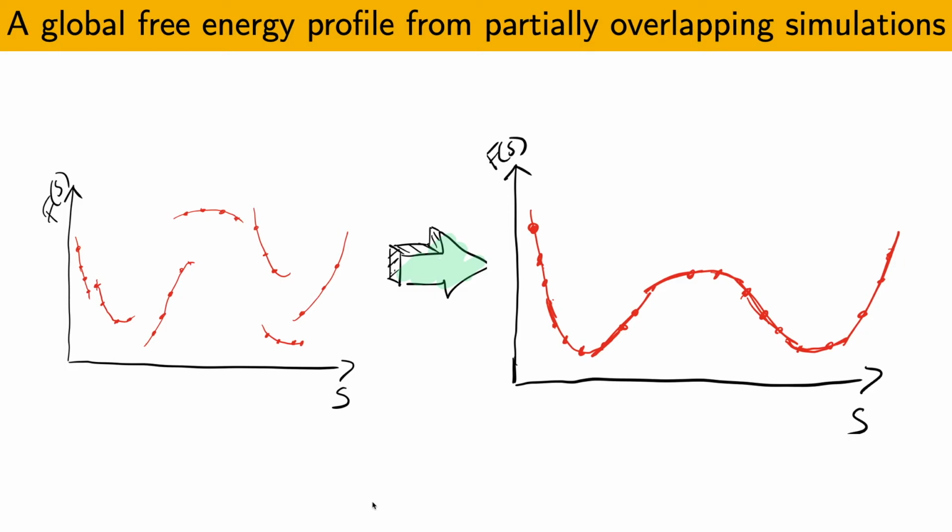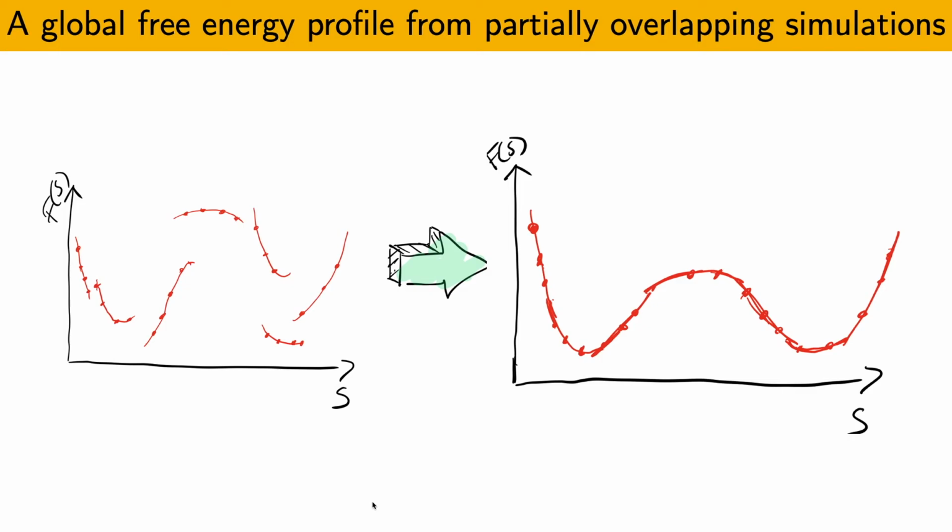So the combination of umbrella sampling and WHAM is an effective way of computing a potential of mean force. However, a prerequisite of this process is that one has to have a reasonable guess for a pathway, a physical pathway that connects two metastable states of interest.